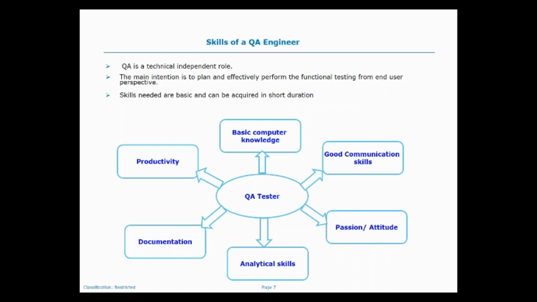I can refer to the requirement documents, come out with test cases and test them on the product to see whether the coding is done properly or not. So I'm not that concerned about whether I know Java in detail, or C++, or C. All that is not a constraint for a QA engineer. And that's why we say it is a technology independent role.